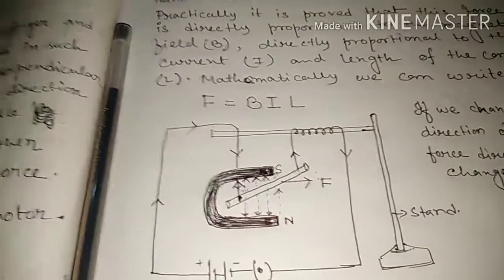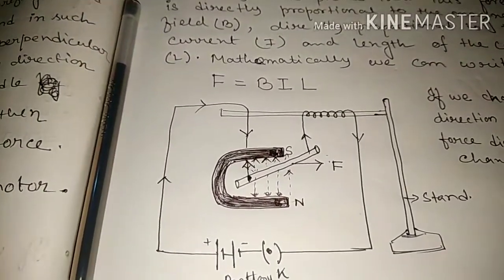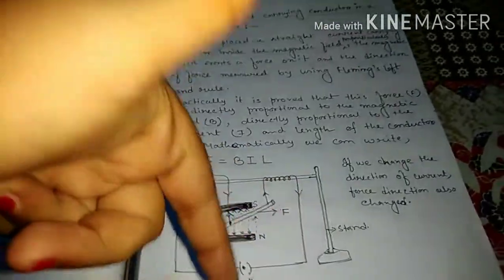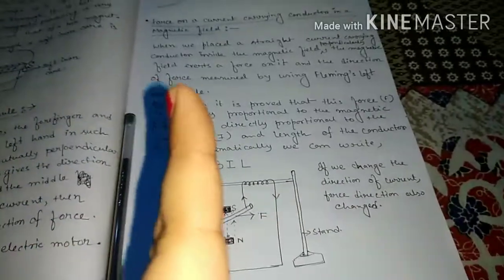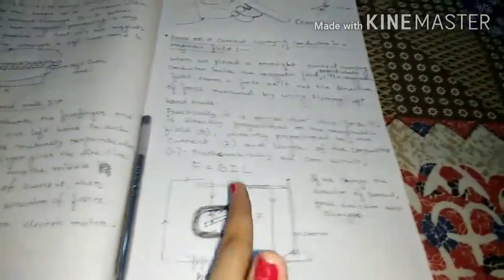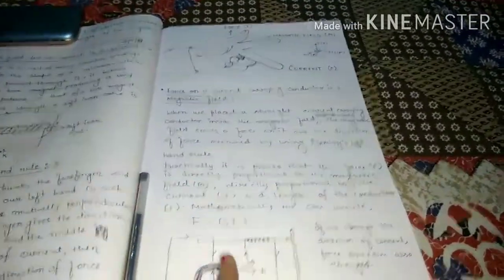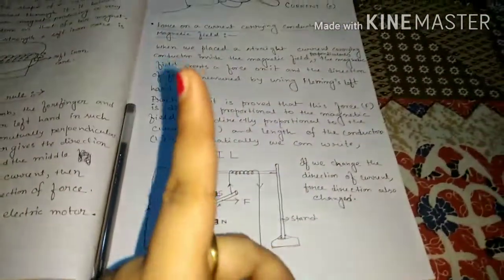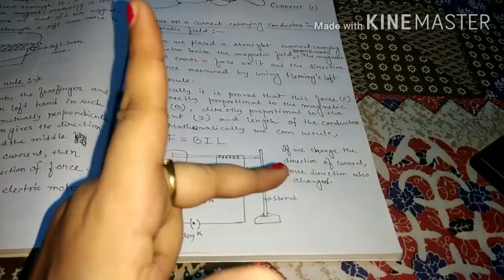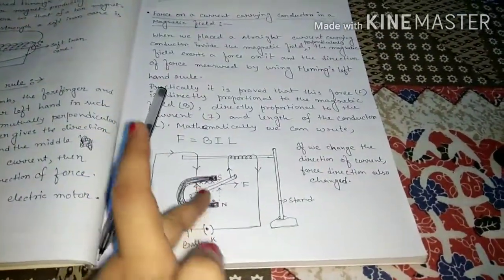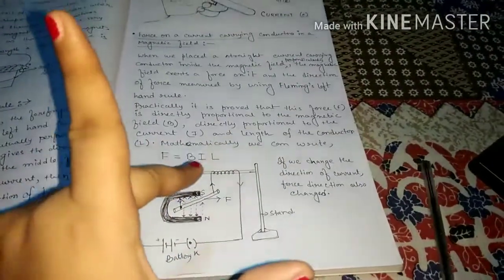Now in this case, in which direction is the force applied? Using Fleming's left hand rule: this one is the magnetic field, north to south, from down to up. The current is going this way.